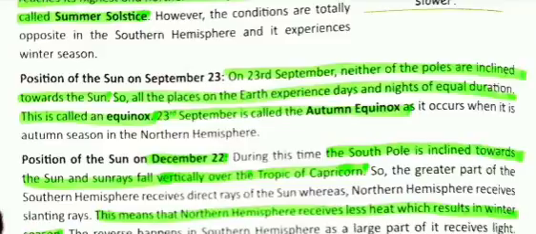So what is equinox, children? When the earth experiences days and nights of equal duration. That is called equinox. 23rd September is called the autumn equinox as it occurs when it is autumn season in the northern hemisphere.